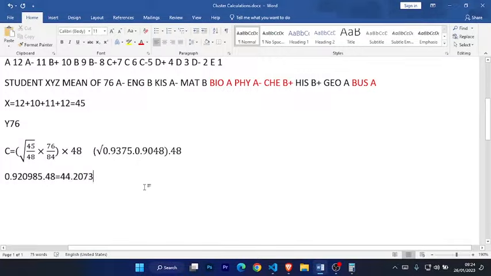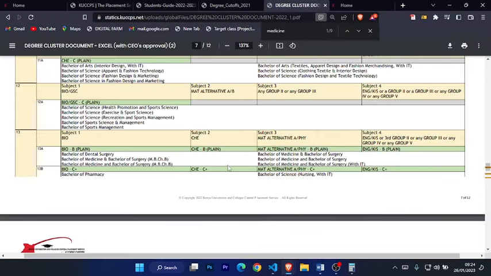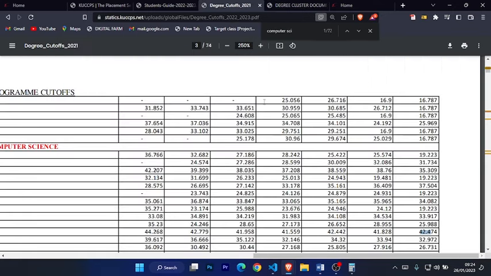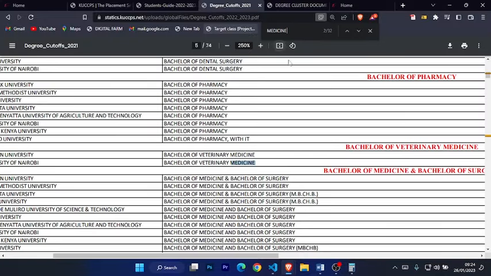So this is our cluster now. Based on last year's cluster points, can this student apply for medicine at the University of Nairobi? So we come here to our cluster document. This is where the cutoffs were. Let's try to find medicine. So here, this is University of Nairobi medicine.